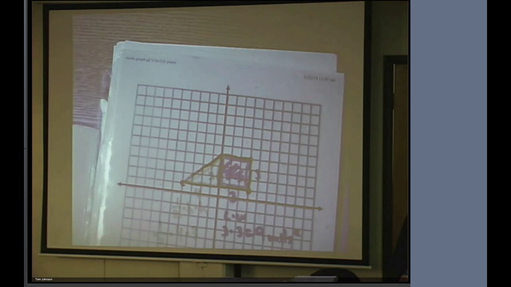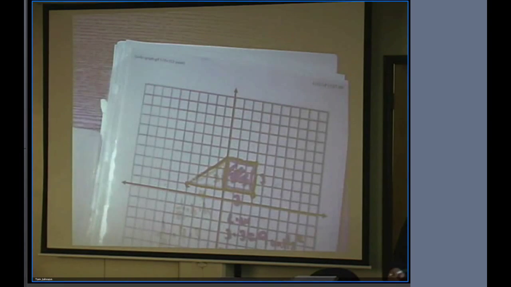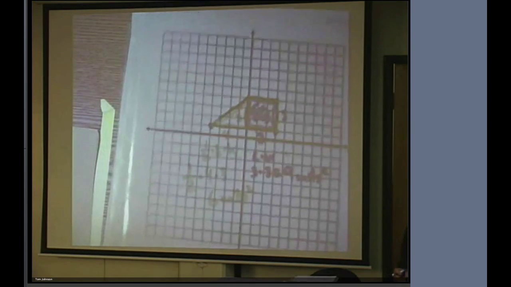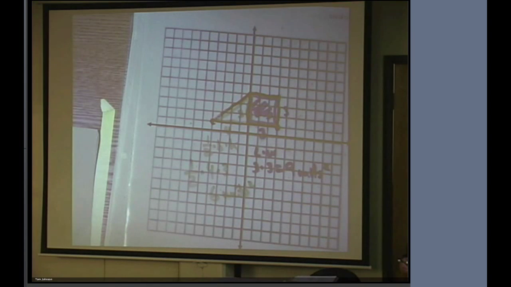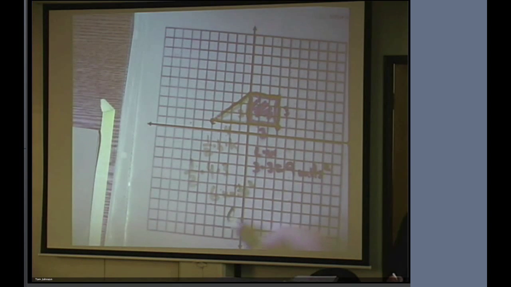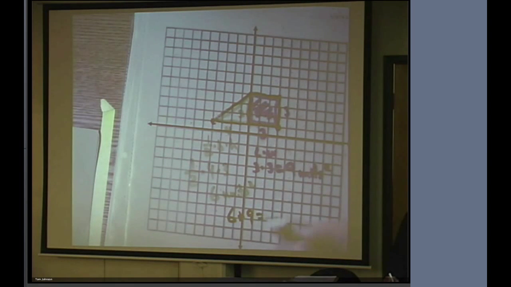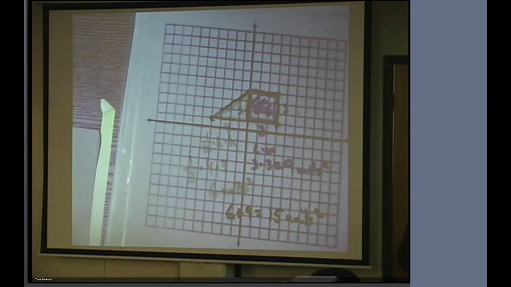So 1/2 times 4 is 2. Times 3 is 6 units squared. Oh, that green didn't show up very well, did it? I'm sorry, guys. So what's 6 units squared plus 9 units squared? So that's 15 units squared.